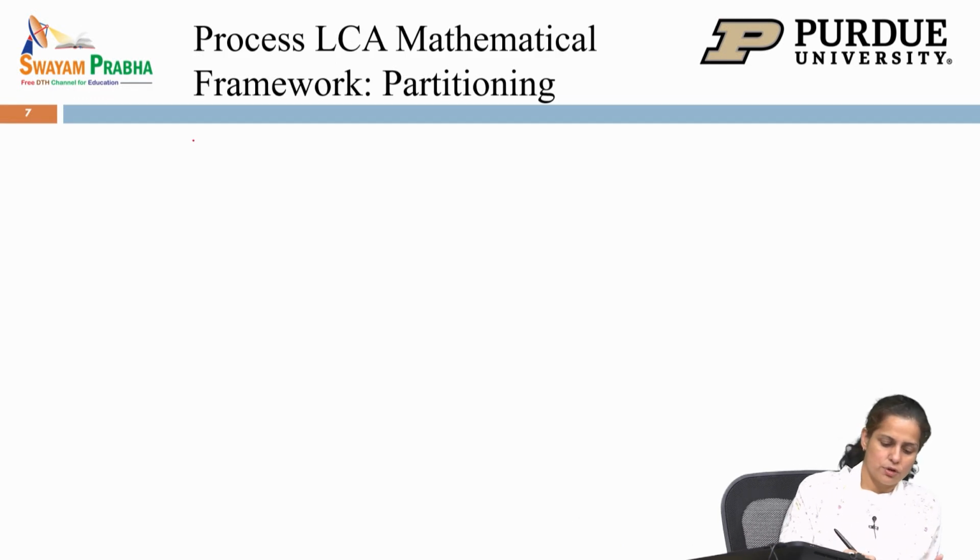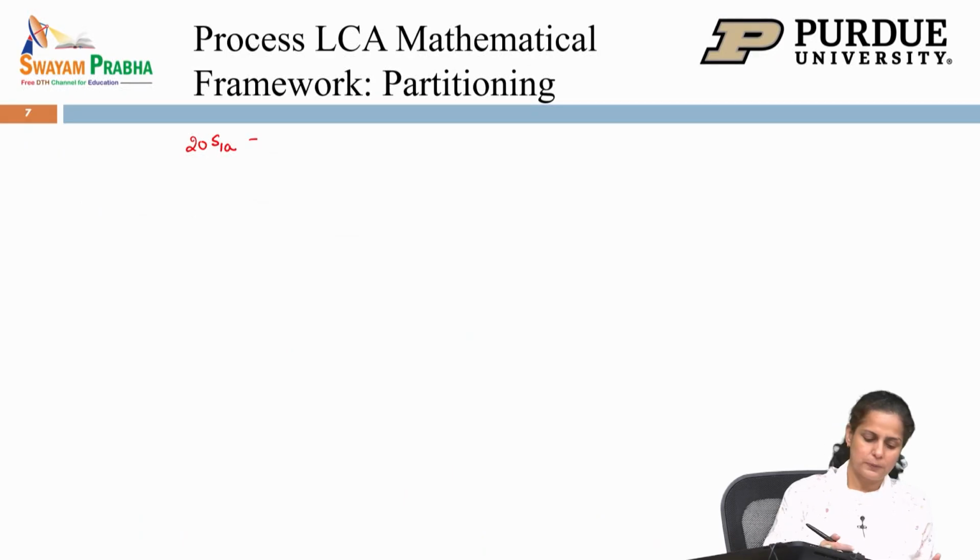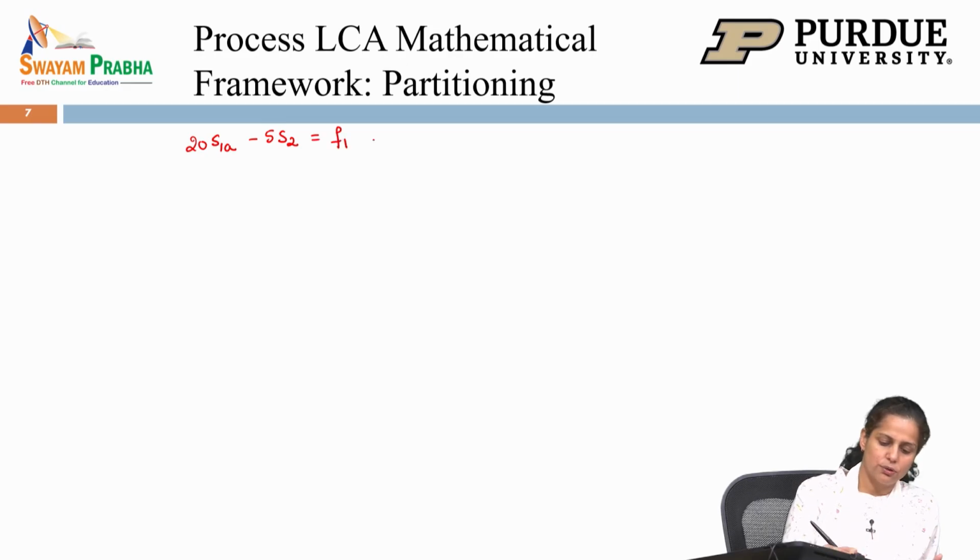So, for fuel the balance is 20 times S1A minus 5 times S2, which is the process 2 consuming the fuel. So, this is the balance for fuel production in the network.